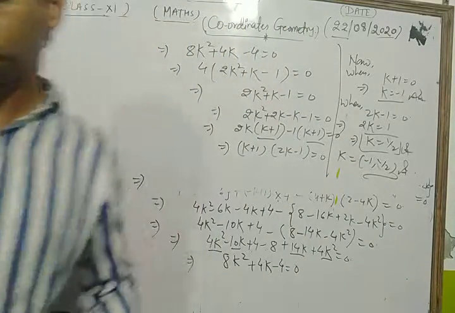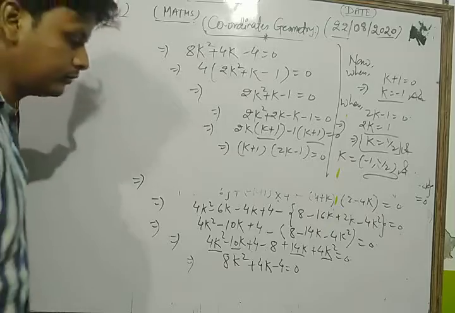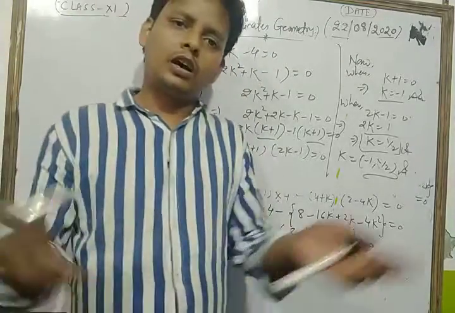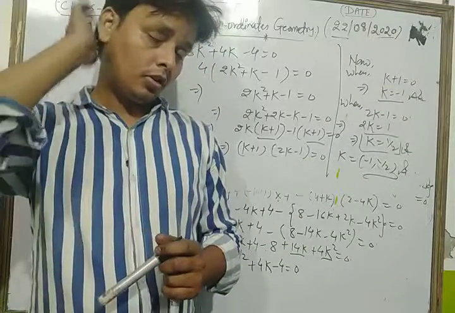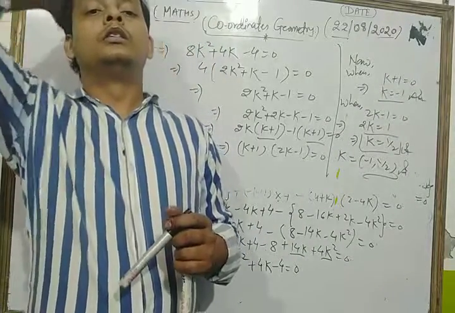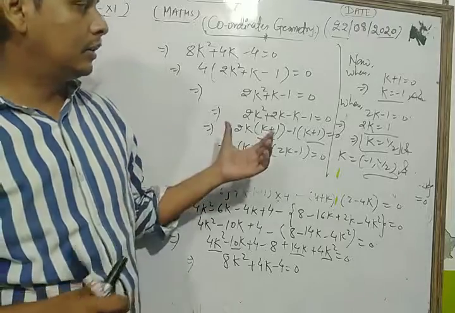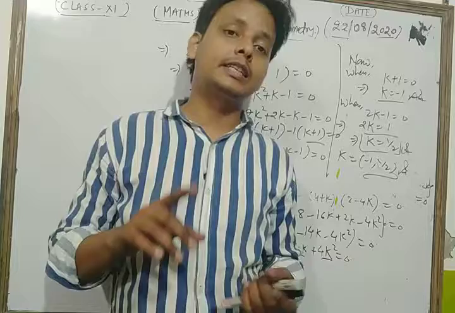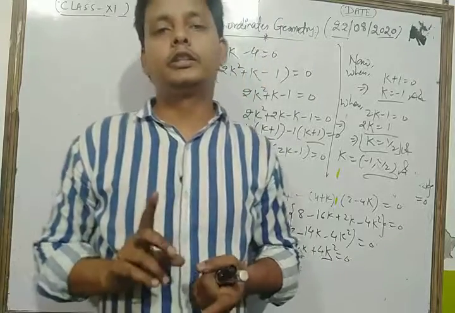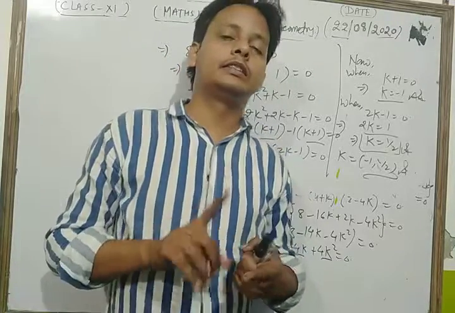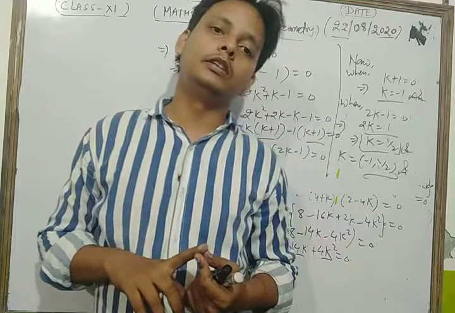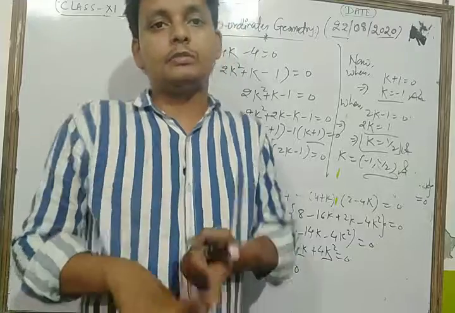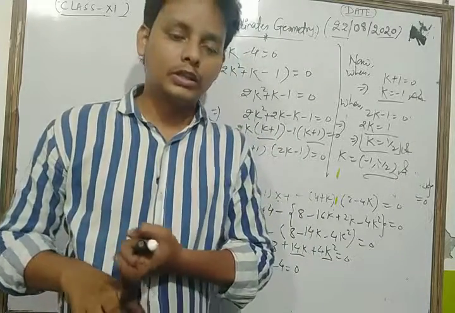So dear students, in this way you revise all the topics of your previous class. And today we discuss all the topics like Cartesian coordinate system. We discuss the distance formula. We discuss the section formula, both internally and externally. Today we also discuss the coordinate of centroid.